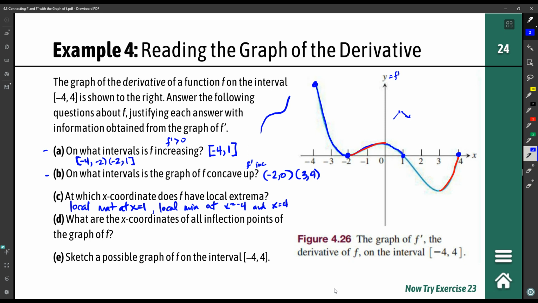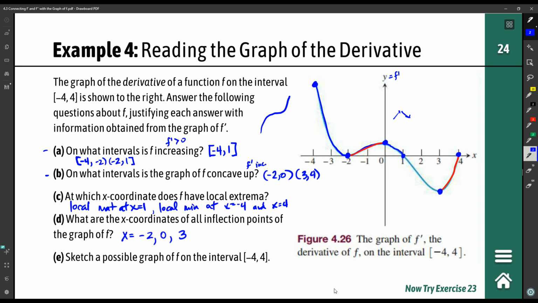Where else? It's going to be at 0, because f prime changes from decreasing to increasing at -2, increasing to decreasing at 0, and then again at x equals 3, f prime changes from decreasing to increasing. So that's going to be at x equals -2, x equals 0, and x equals 3.